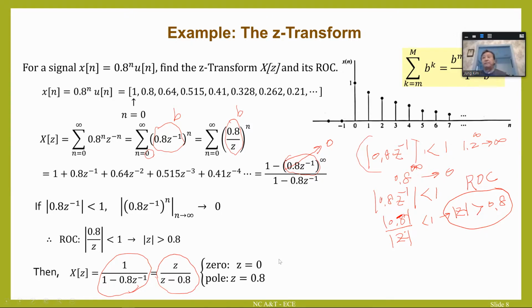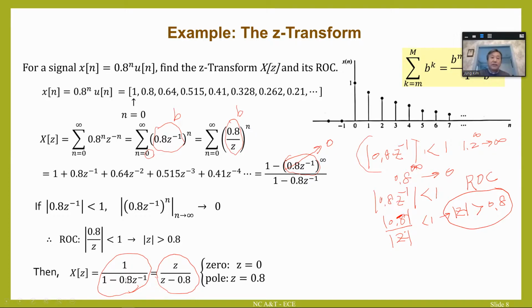Go ahead. For the region of convergence, looking at the formula, in the denominator it's 1 minus b. So the magnitude of b would always be less than 1, and then you just multiply the z over, correct? Right, this one is multiplied by z.